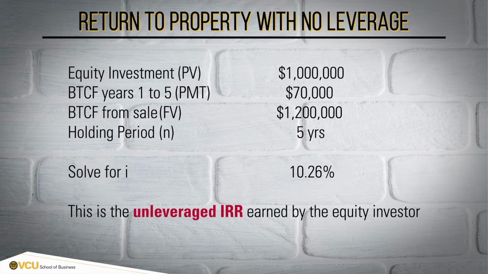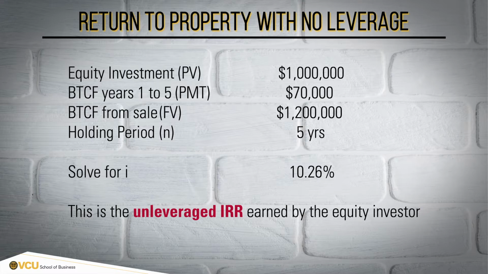And if you solve for the IRR under that scenario, you'll see that your return to the equity investor is 10.26. You can take 10 and a quarter with no leverage, or you can receive 16.19 by going to the bank. You instantly see a nice quick example of the benefits of leverage.